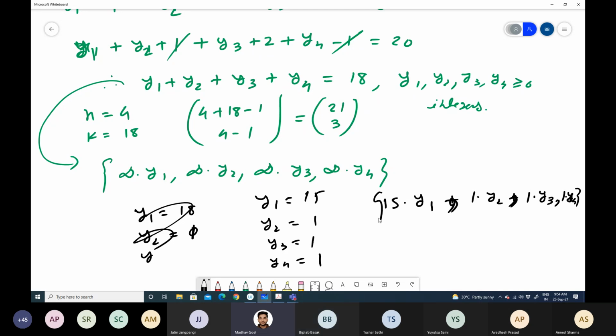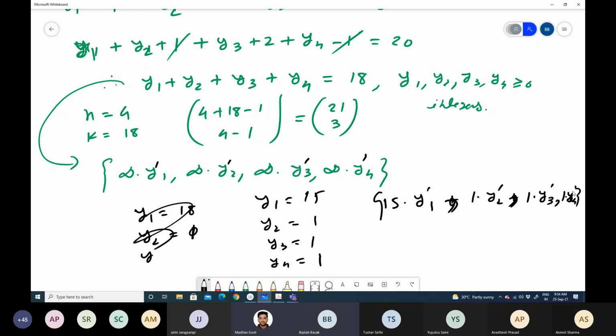Like y1 is 15, so it is better to write a different symbol, right? This is corresponding to y1. You can take a different symbol, say y1 dash. I understand, this is just a similar kind of thing. So that is the reason I kept the same notation, but you can just write a different notation, y1 dash.